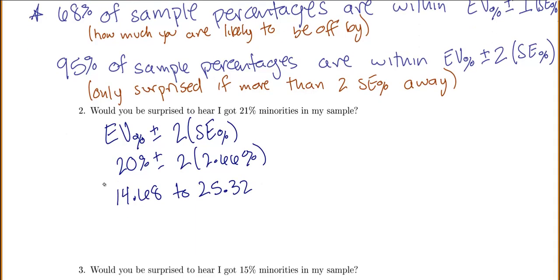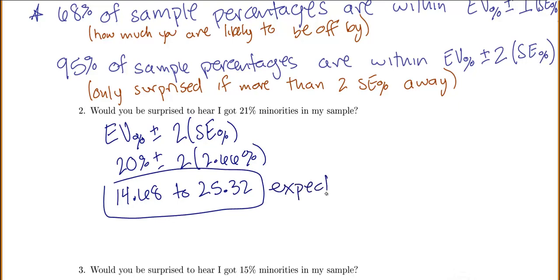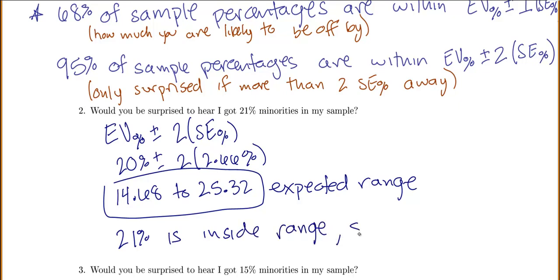So this is kind of my expected range. So 21% is inside the range. So, not surprised.